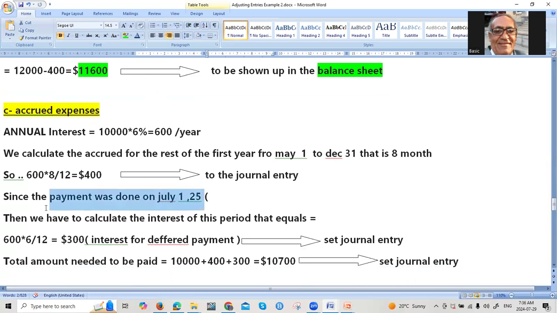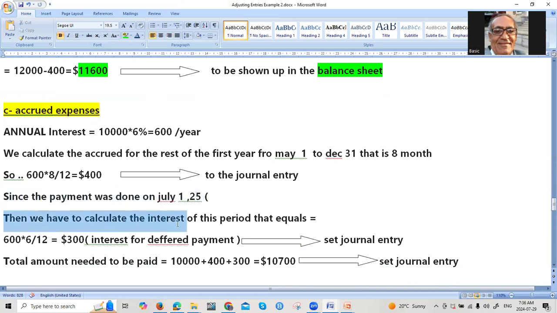Because the payment was done on July 1, then we have to calculate the interest of the periods, which equals $600 multiplied by 6 divided by 12. 6 months, which is the interest that will equal $300. We have a deferred payment.